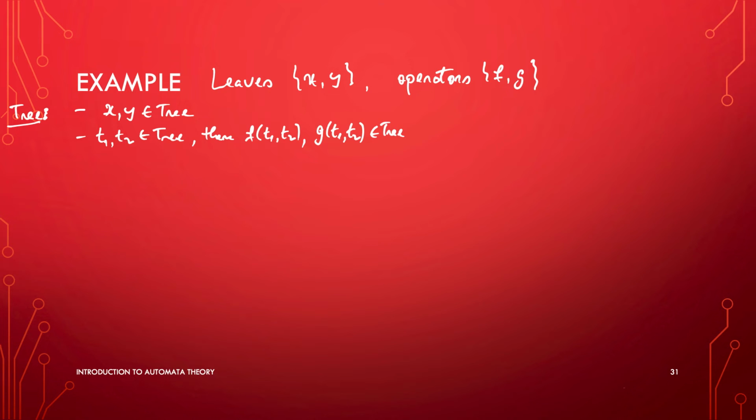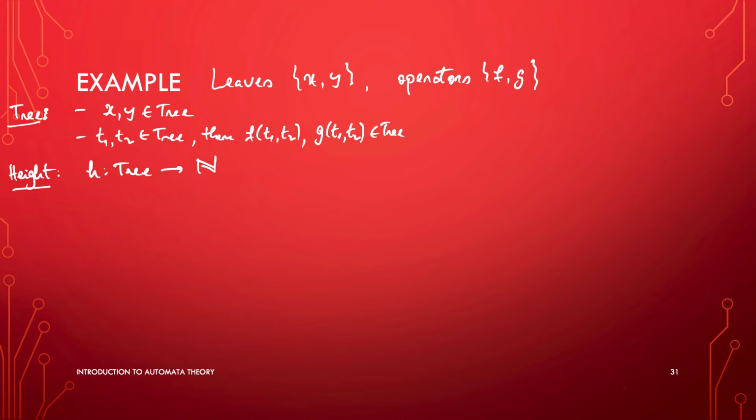And using this inductive definition, we had in a previous example also the definition of the height function. This was a function defined on the set of binary trees and taking values in the natural numbers.